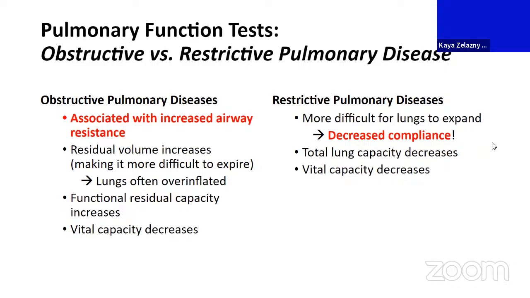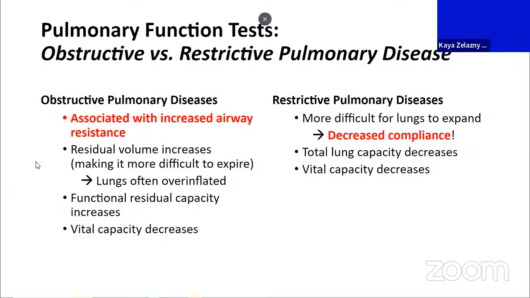So we will dive into these a bit more next time, but we're going to introduce them right now. So we talked about obstructive pulmonary diseases. We mentioned them as associated with resistance. So if we're looking at an obstructive pulmonary disease, the cause of that is going to be the resistance.